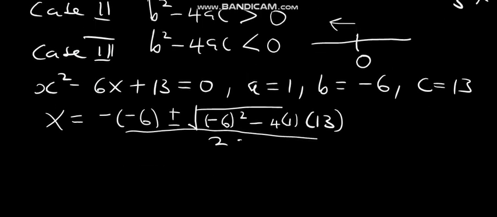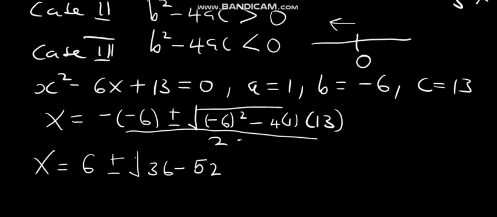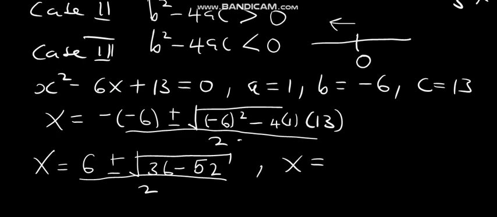So x is equal to a positive 6 plus or minus the square root of 36 minus, what is 4 times 13? 52, yes, all over 2a.